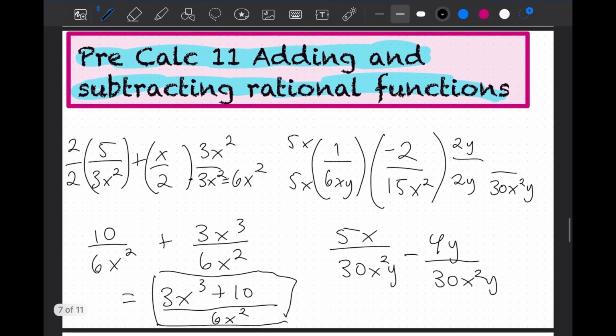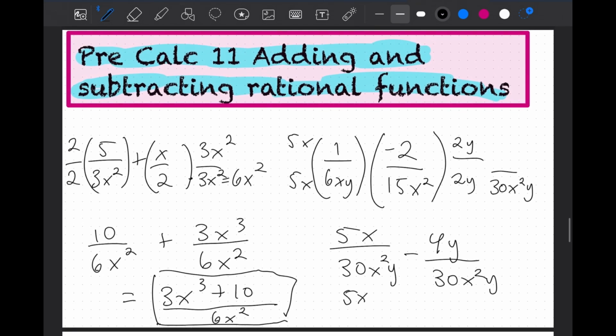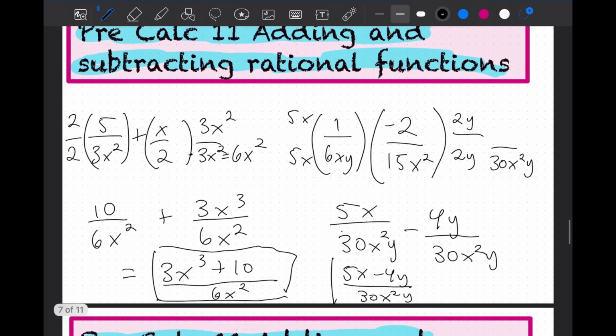So now I can just do the subtraction and combine it because the denominators are the same, and I will get 30x squared y on the bottom, and then 5x minus 4.